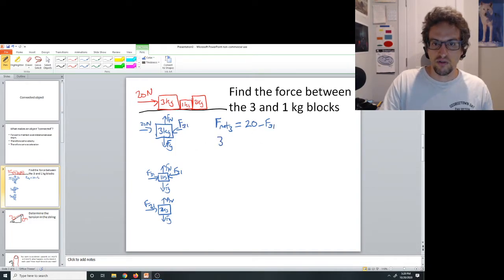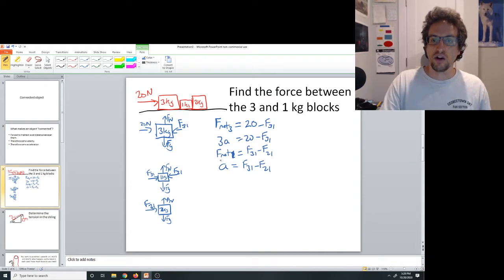Which means that 3a is equal to 20 minus F31. F net 1, I guess we'll do 1 next, is equal to F31 minus F21, which means that a is equal to F31 minus F21.